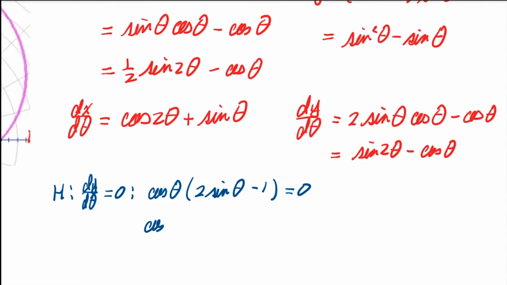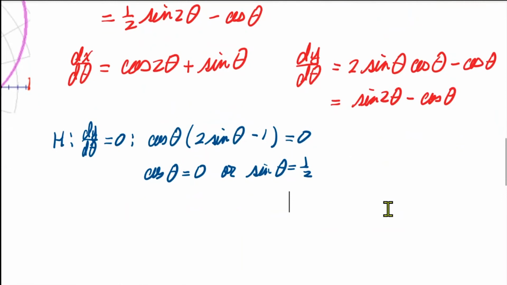That tells you cosine theta is equal to 0 or sine theta is equal to 1/2. Not too much trig equation, right? And then, of course, cosine is equal to 0 at pi over 2, right? And 3 pi over 2.